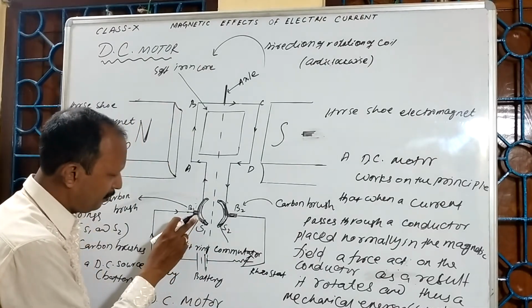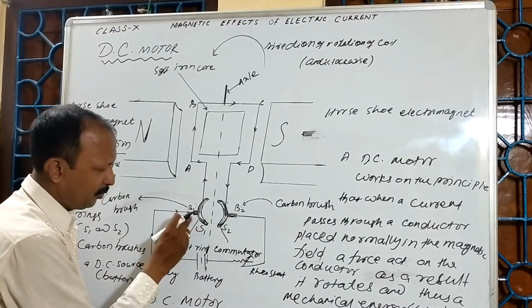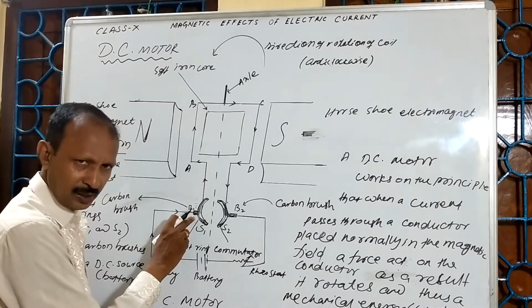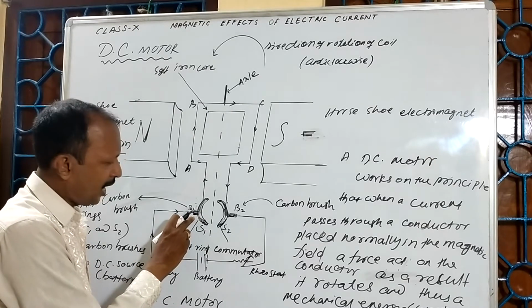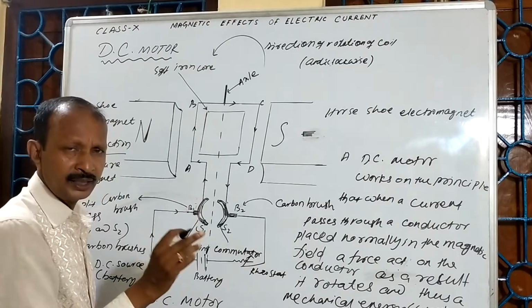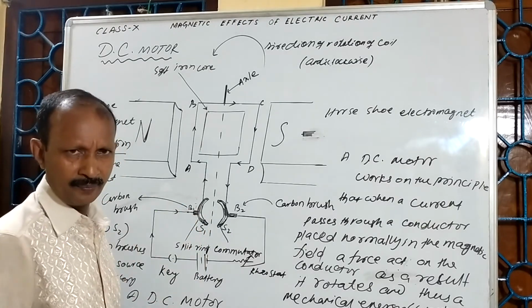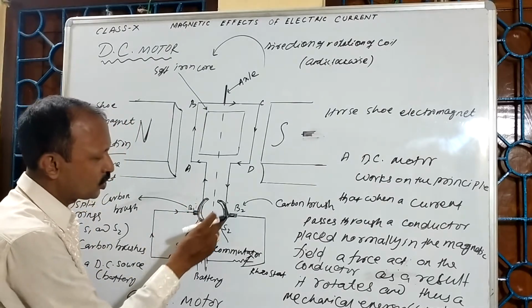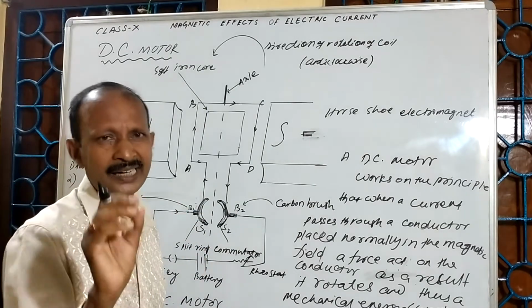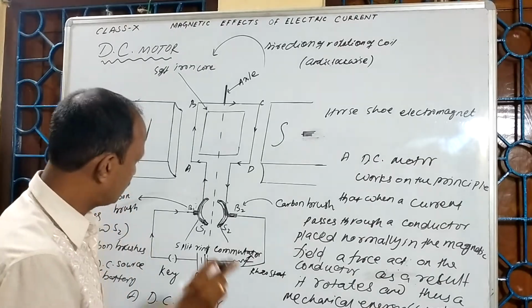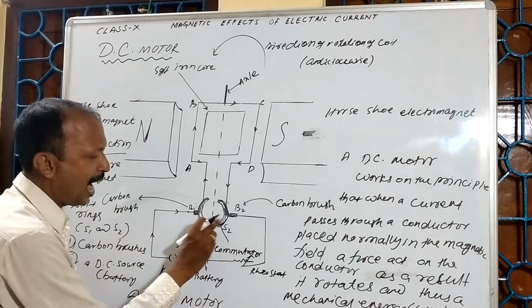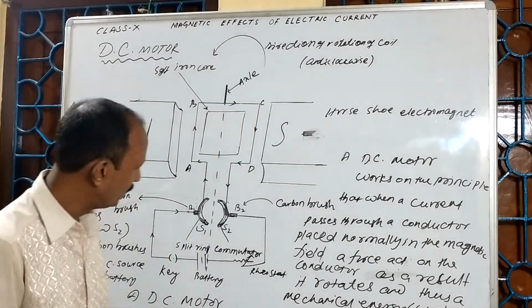In place of the brushes B1 and B2, if I use a strong metallic wire, there is a chance of disconnection during rotation. Second, it may damage the surface of the split rings. For that purpose, on both sides the two brushes B1 and B2 are in contact.